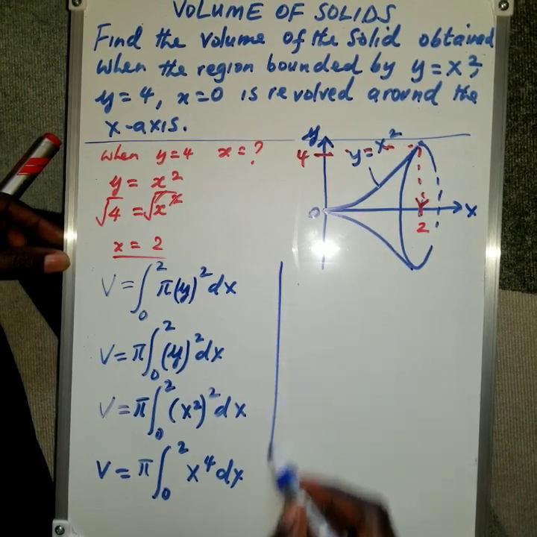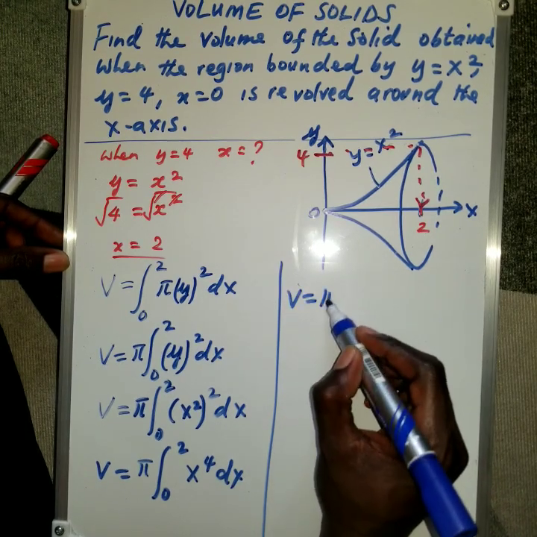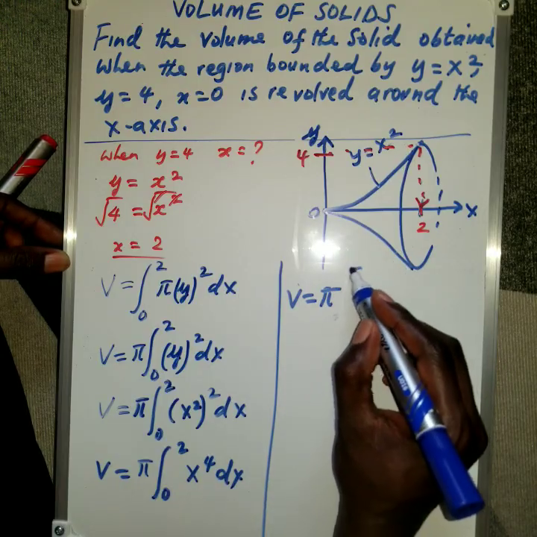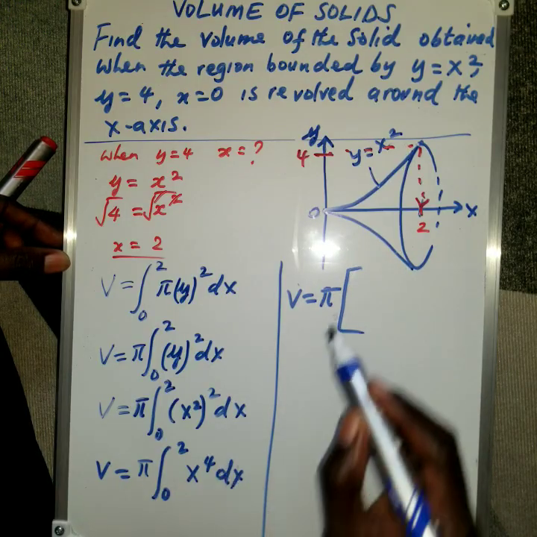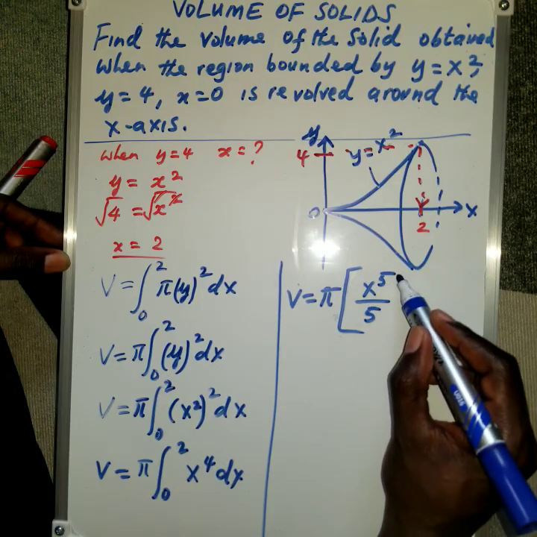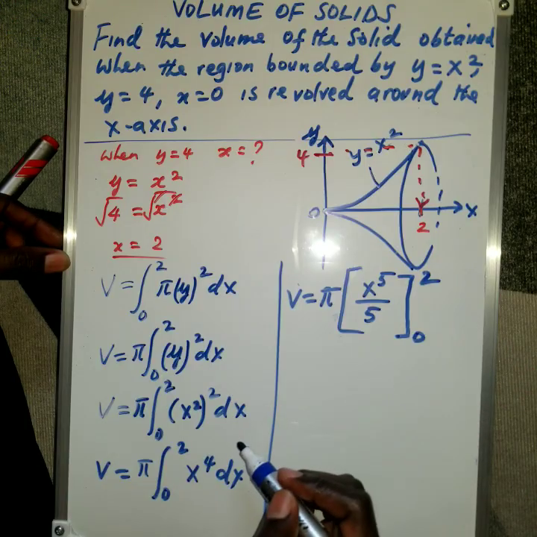Then from there, you can simply integrate. When we integrate that, remember, plus 1, so it will be x raised to the power 5, divided by the new power, which is 5, and the limits 0 and 2. That's what we have.